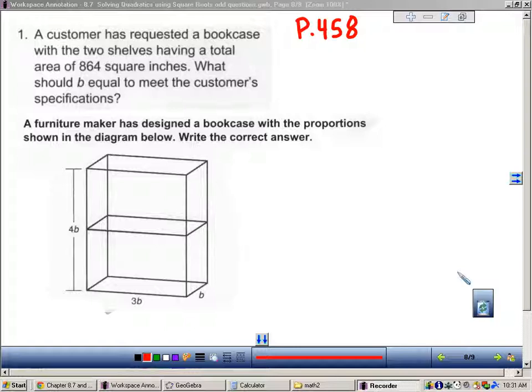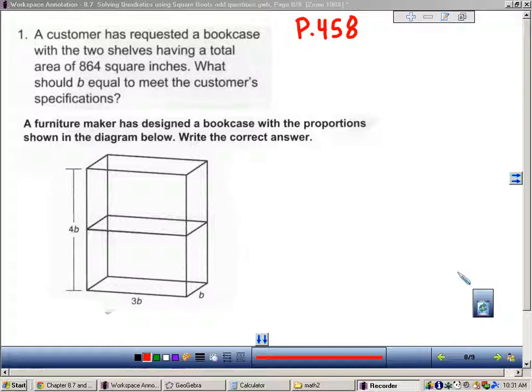Again, you want to use the diagram. You want to think about what the shape is that you're trying to find the area of, since we're dealing with total area. So I take a real good look, and I look at the two shelves having a total area of 864.